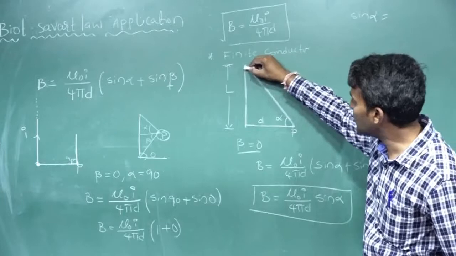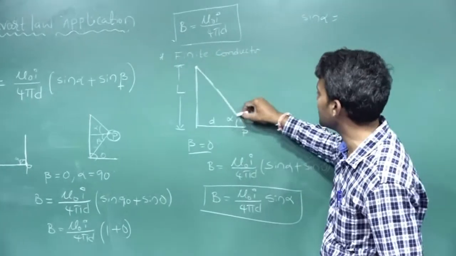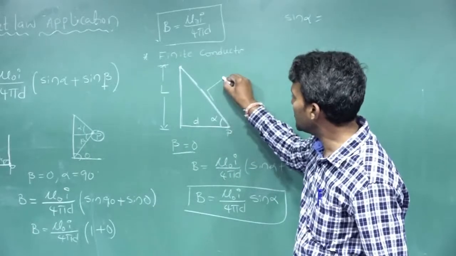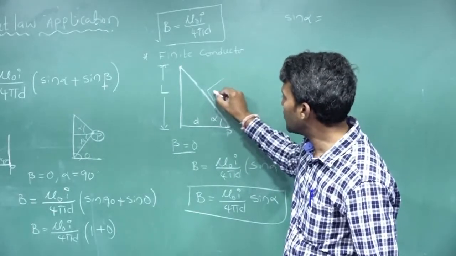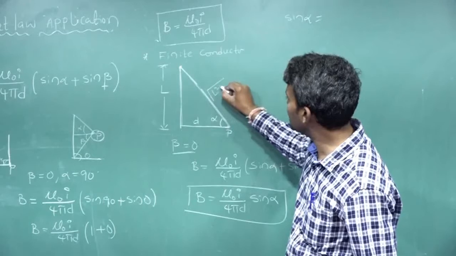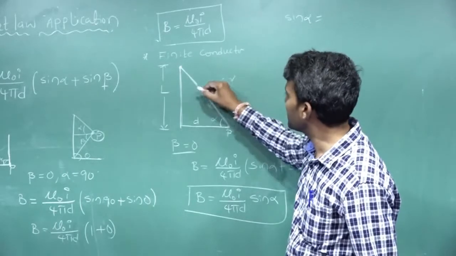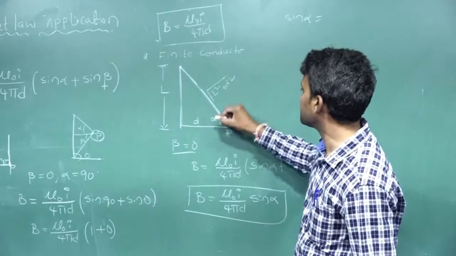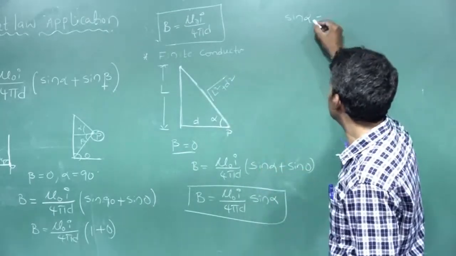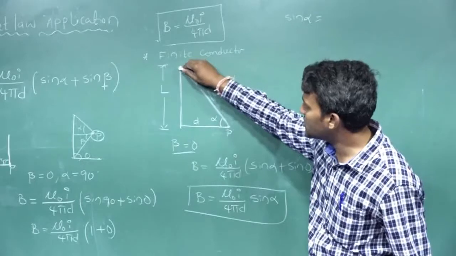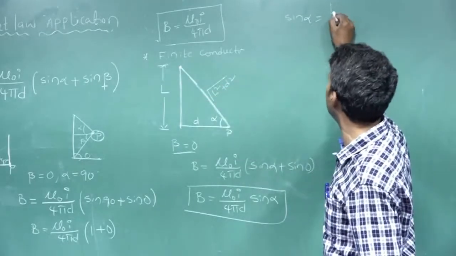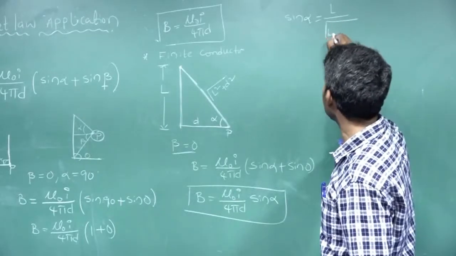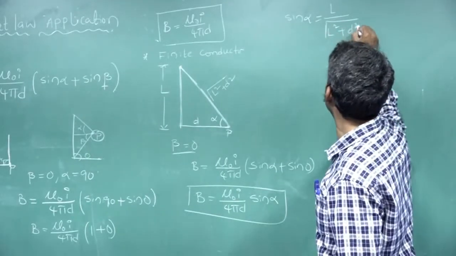It is a right angle triangle. Hypotenuse is equal to the square root of L square plus d square, the square of opposite plus the square of adjacent side. So sin alpha is L divided by under root of L square plus d square.